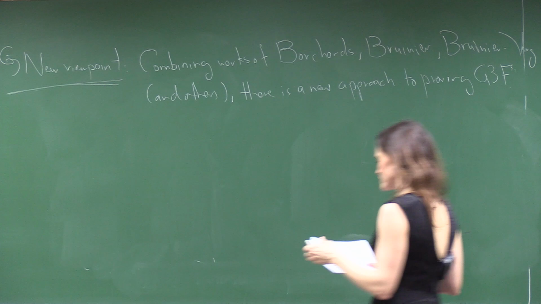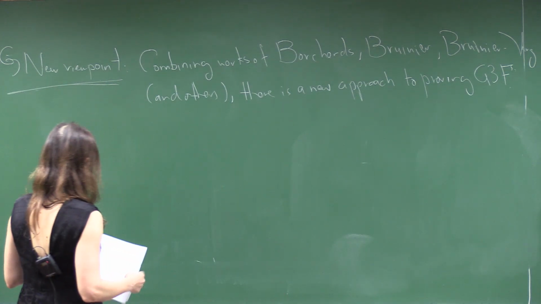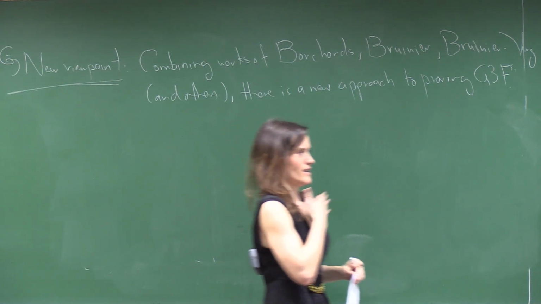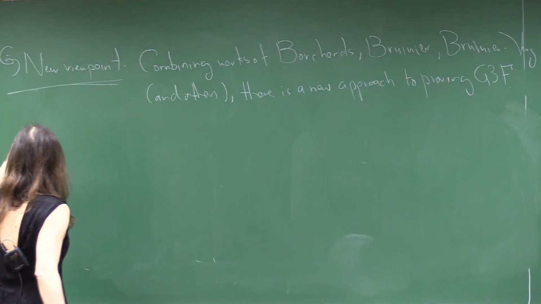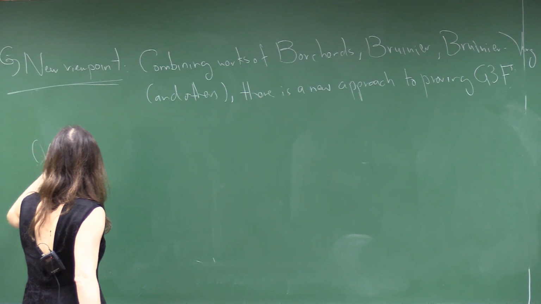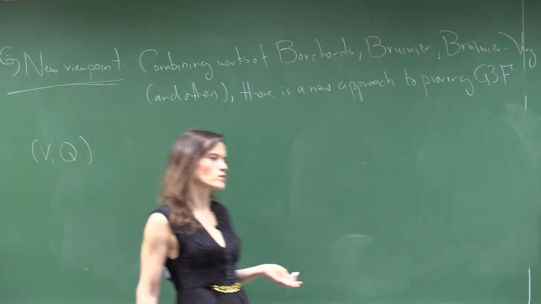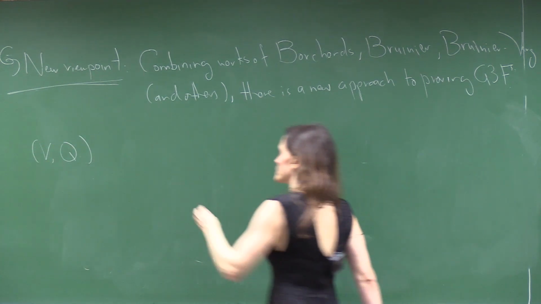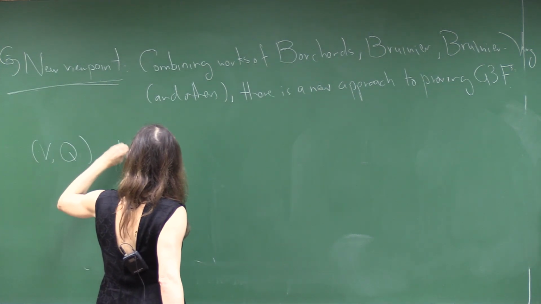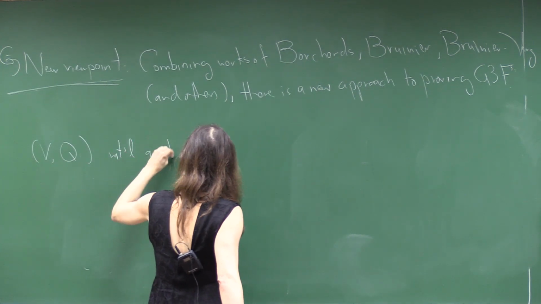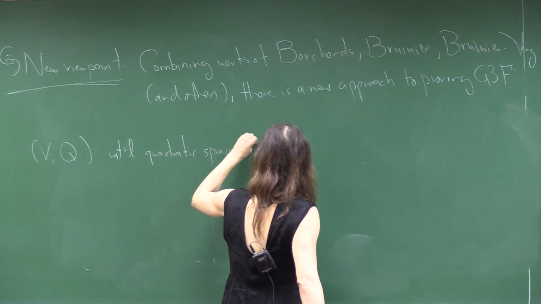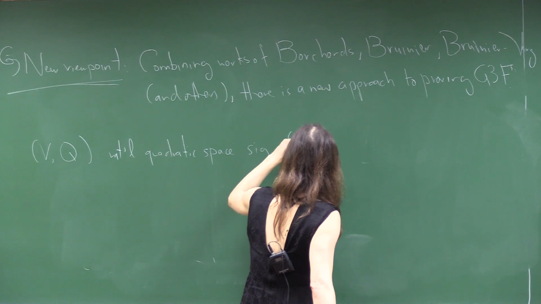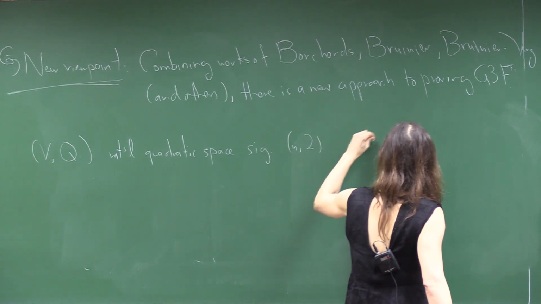So here, the more general setup will be the spin Shimura variety, parameterized by the following. Let's fix a rational quadratic space of signature (n,2), where n is a positive integer.